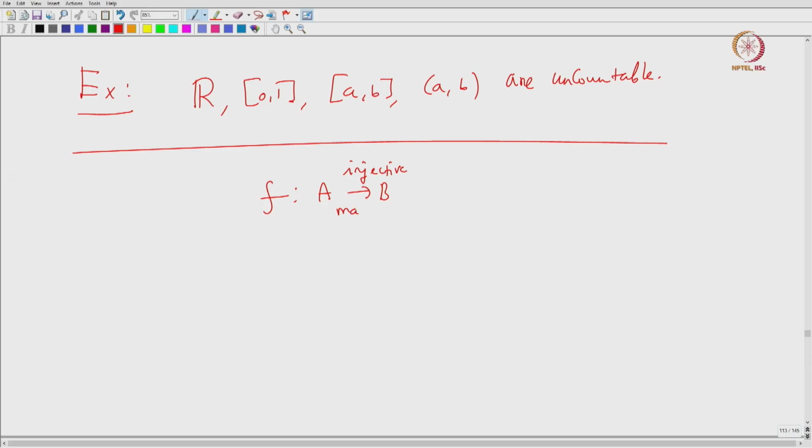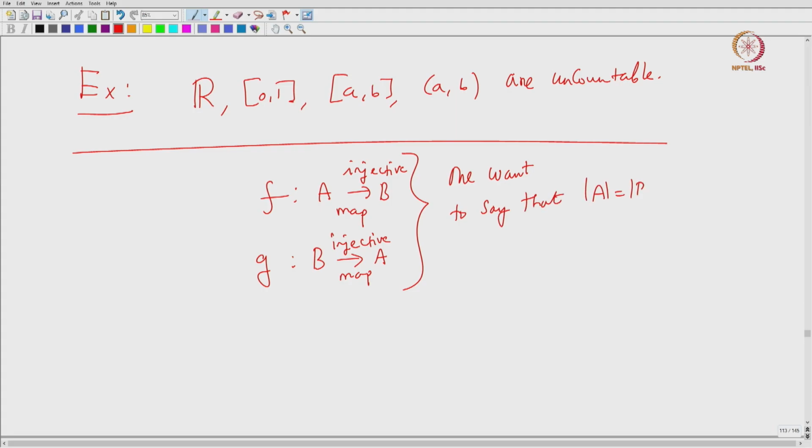So, one can expect that, for example, if you have an injective map from A to B and then another injective map from B to A, then in this situation one wants to say that the cardinality of A must be equal to the cardinality of B. That means we should have a bijective map from A to B. Okay. So, that is indeed guaranteed by the Schroeder-Bernstein theorem, which is a very interesting theorem.